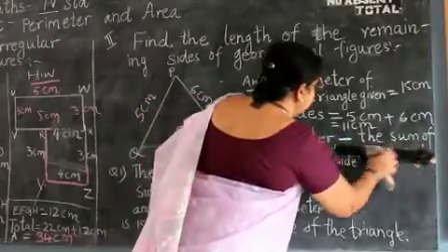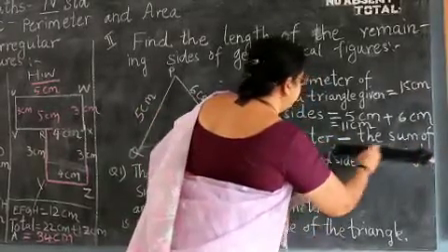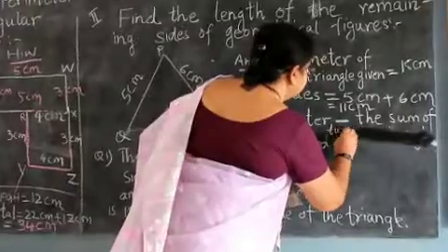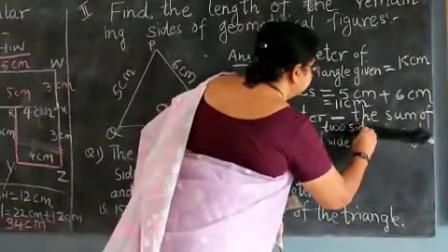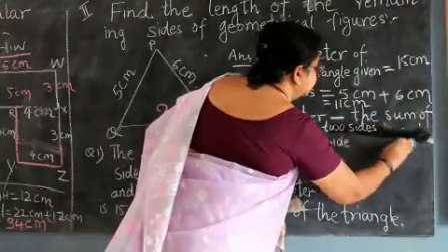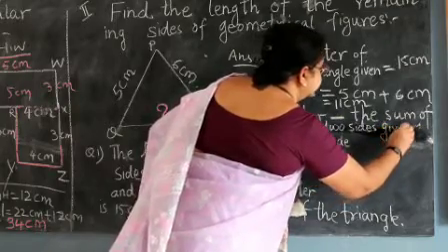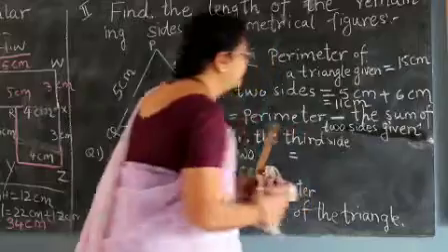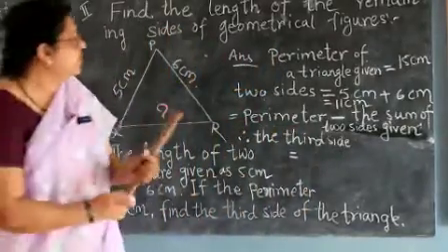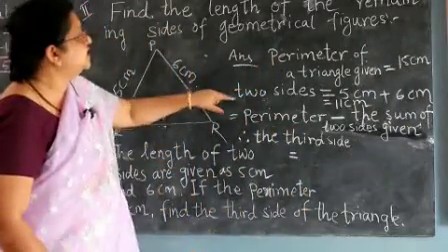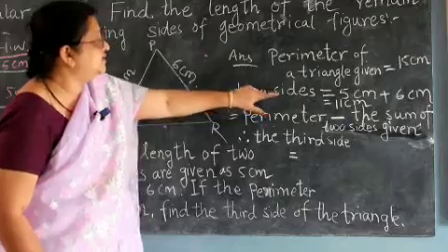How much is given, children? Sum of two sides given. Okay, so I'll make it given. Now how much is given for two sides? It is 11 centimeter.